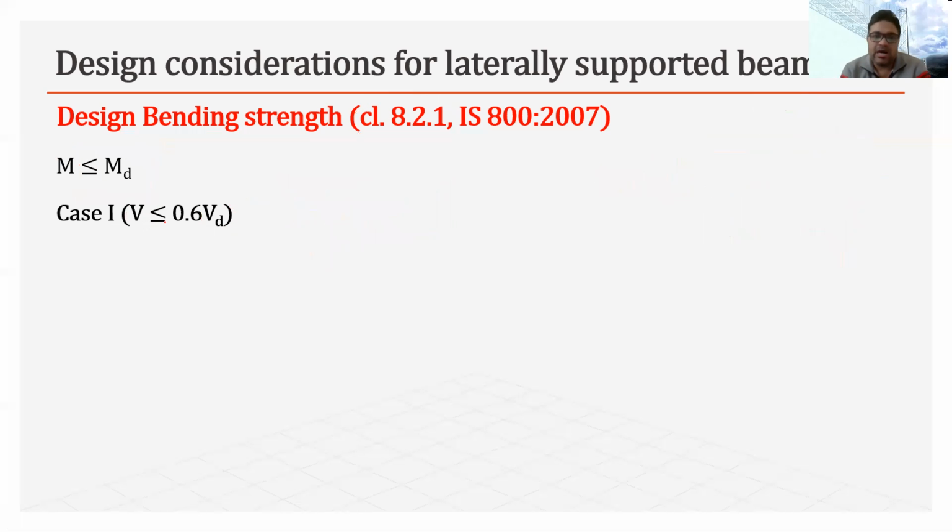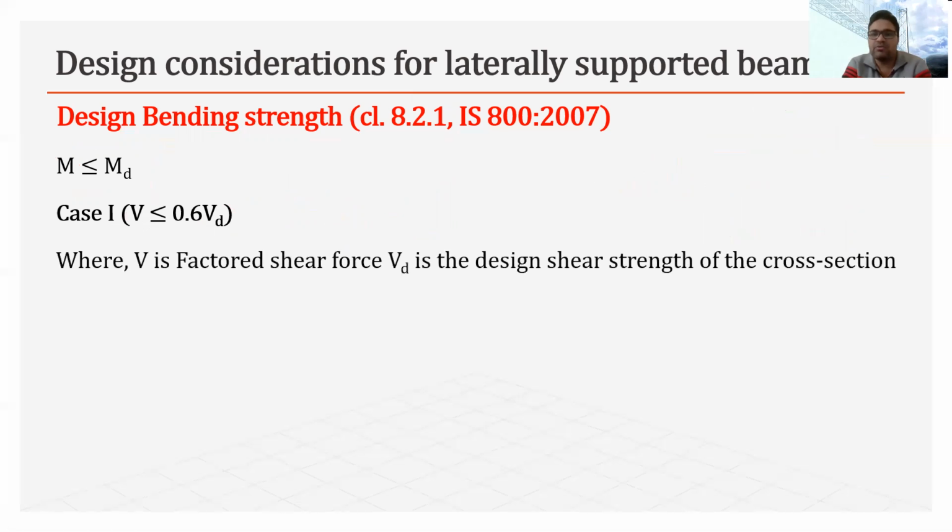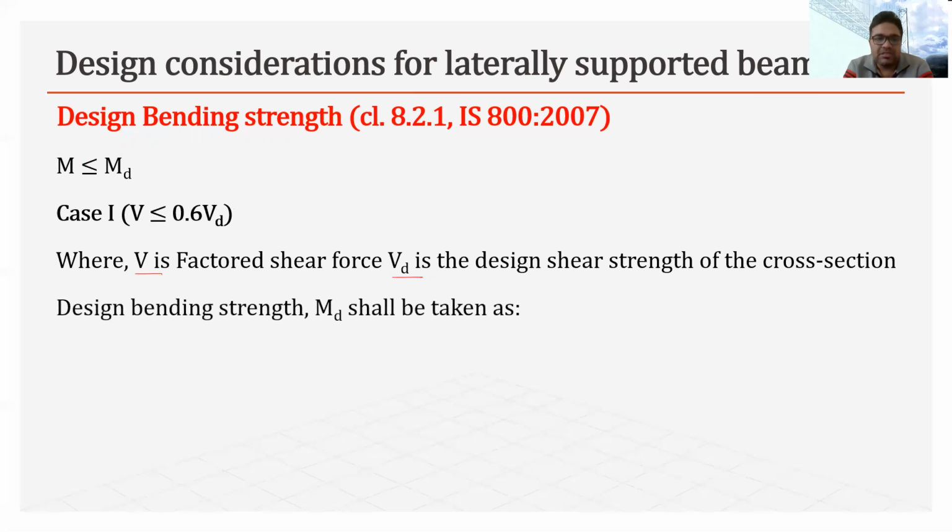Based on the IS code recommendation, I will show you how we find out MD. Here V is the factored shear force and VD is the design shear strength of the cross section. Design bending strength MD in this case will be taken as this. This is the same formula mentioned in the IS code, so you can refer to this clause to look at it.